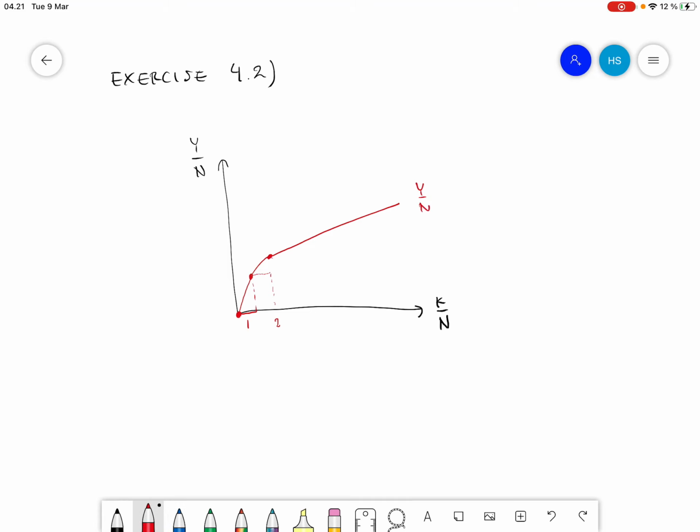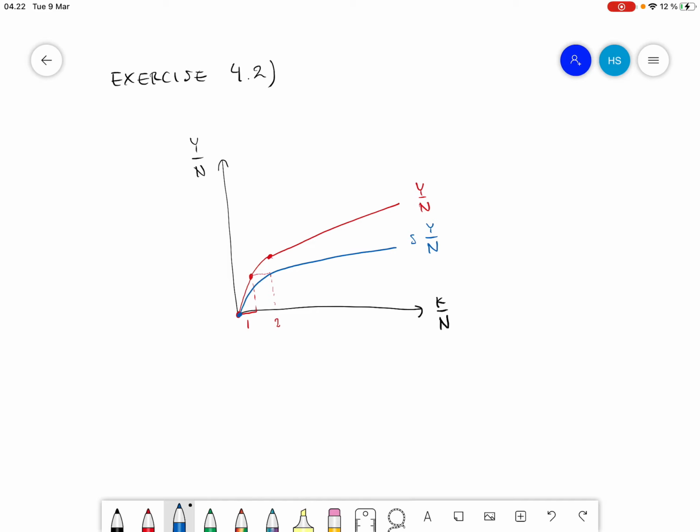So this here will be the output per worker function, and the savings. What are the savings? Well, in order to get the savings, we just multiply the output per worker by the savings rate. And if we do so, we get something that looks like this.